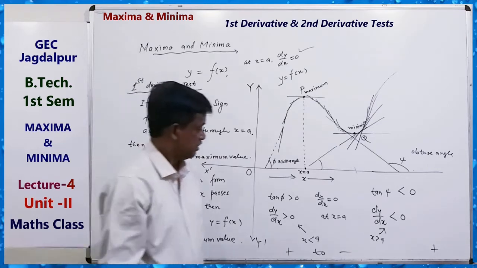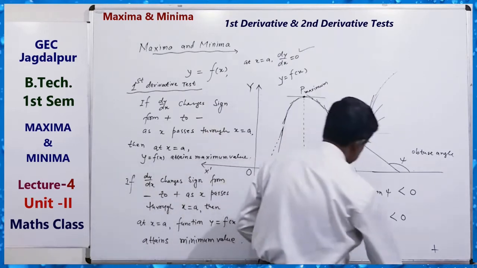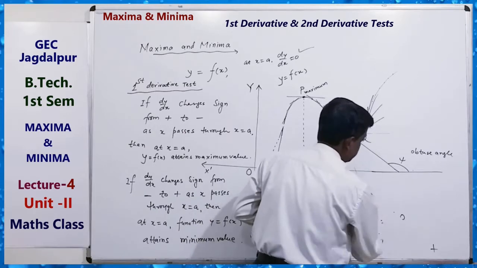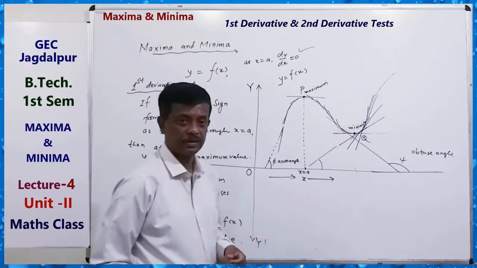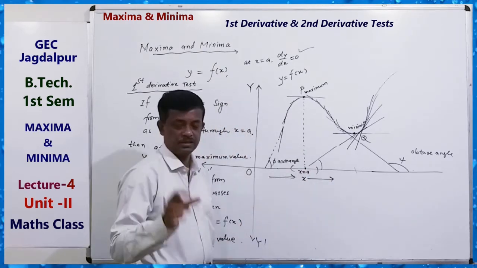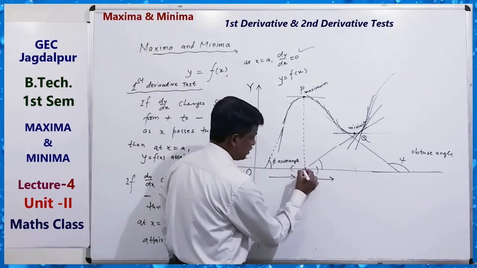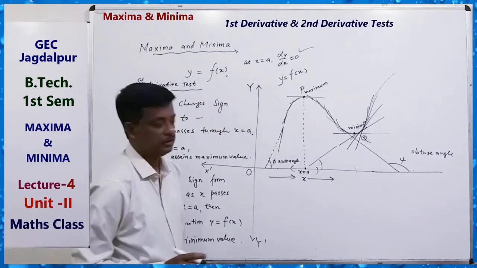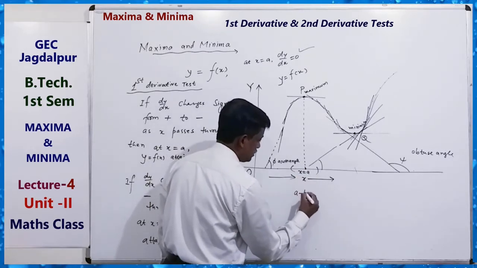And for the second derivative test, how can we decide? By using the second derivative. Suppose this is a neighborhood of a local maximum or minimum. This distance is h, so a minus h on this side and a plus h on the other.